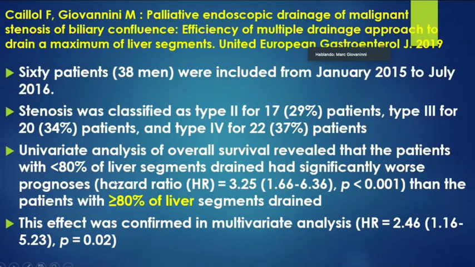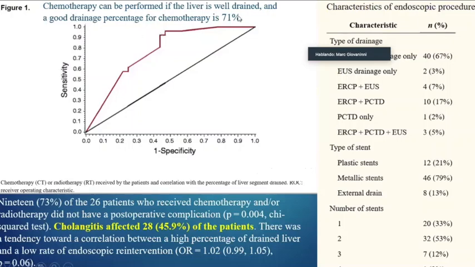And you see, if you have more than 80% of the liver drained, this increases the survival rate of the patient, and also in 71% of the patients we can restart the treatment, and this is very important, in particular for the patients in which the hilar infiltration is due to metastasis from breast cancer or colon cancer, because we have effective chemotherapy today. And it's very important to obtain a very good drainage.